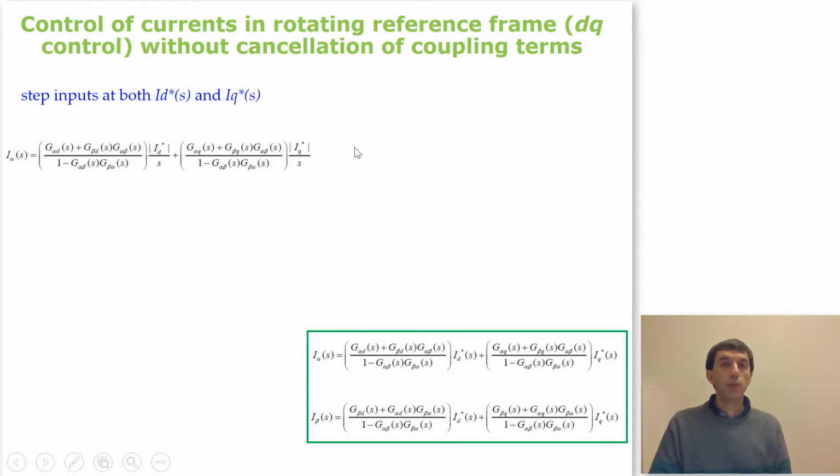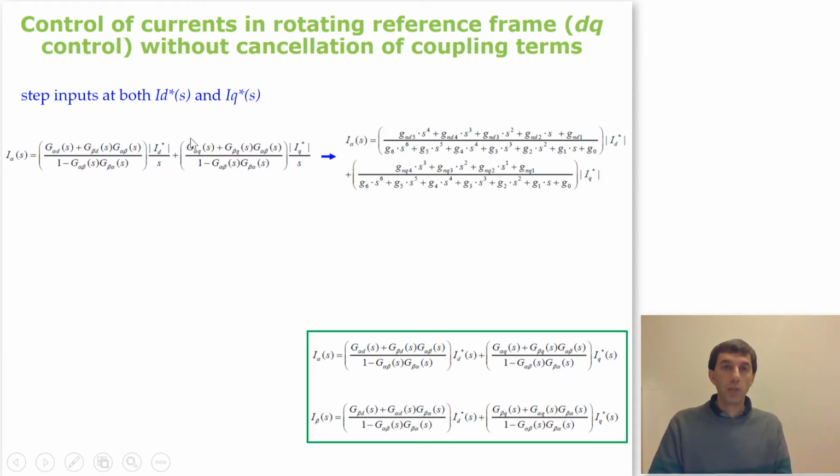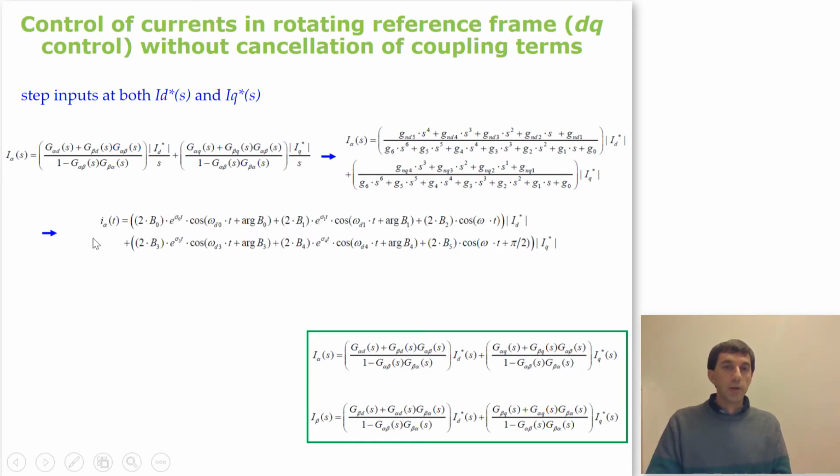So if we substitute step inputs at both ID and IQ current inputs, very similarly to what we did before, we can obtain very similar, totally equivalent expressions in time domain for alpha current, for instance, only.